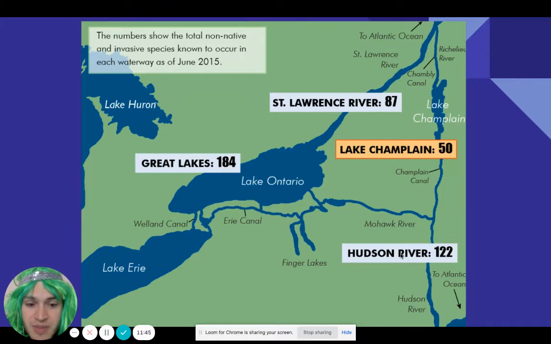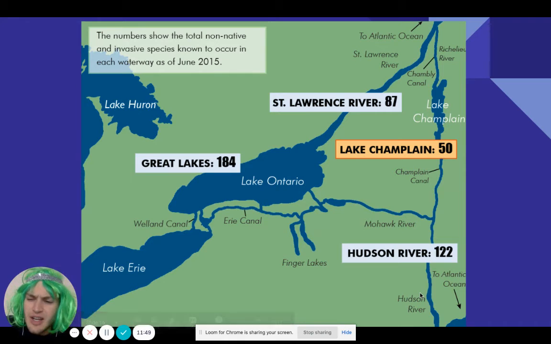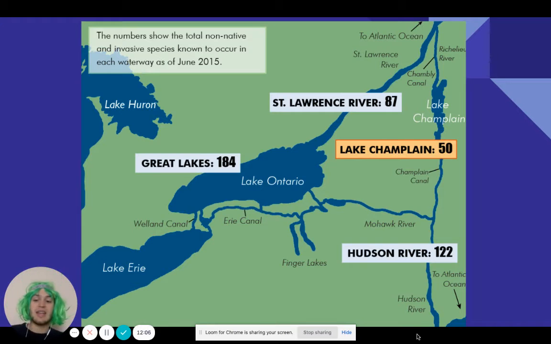But there were already scientists who were studying the Hudson River, and they knew that it was only a matter of time before zebra mussels arrived there, because the Hudson River is connected to the Great Lakes via rivers and canals. So scientists in the Hudson River started studying the river, and they wanted to see how zebra mussels would affect the biotic and abiotic factors in the river.